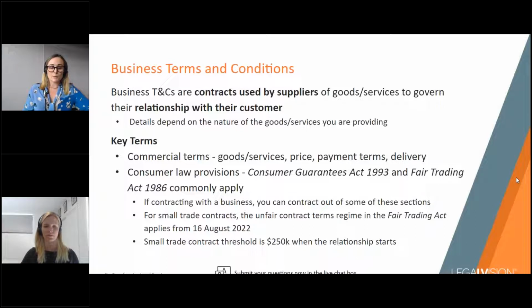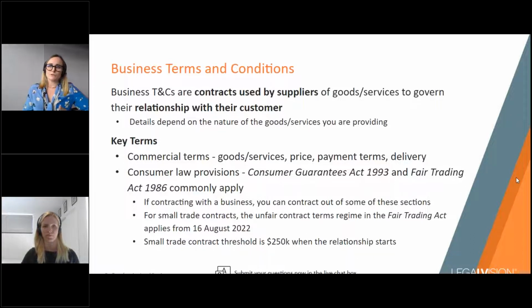It's also important to be mindful of your consumer laws, because if you are contracting with individual consumers or under a small trade contract, you will need to comply with the applicable consumer laws like the Consumer Guarantees Act and the Fair Trading Act. If you supply goods or services to individual consumers, your goods and services must meet certain guarantees and standards.